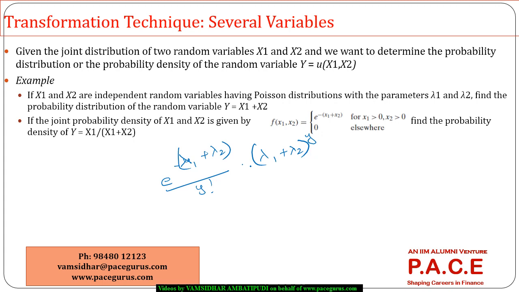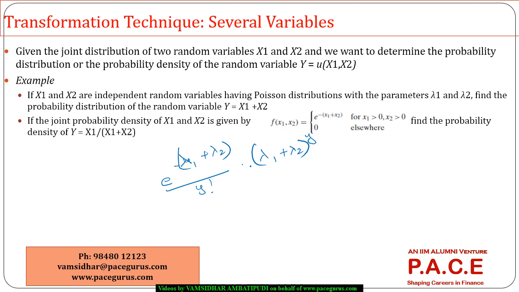We used the transformation technique, substituting x1 equal to y minus x2, and summed over all values of x2 to establish everything in terms of y.